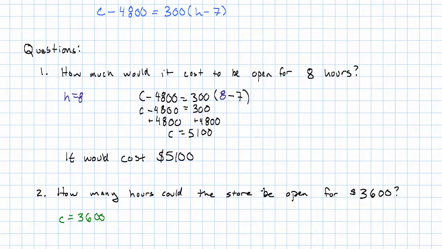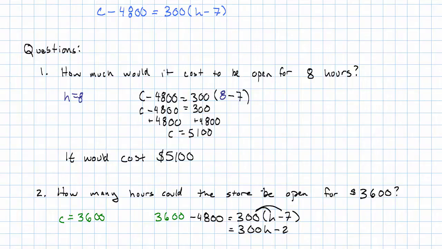Looking at this original equation, we'll have 3600 minus 4800 equals 300 times H minus 7. Okay, well, let's distribute over here: 300h minus 2100. Over on the left, let's just go ahead and do subtraction: negative 1200.